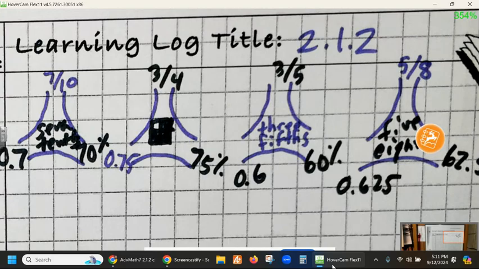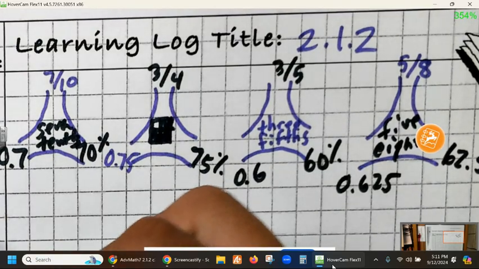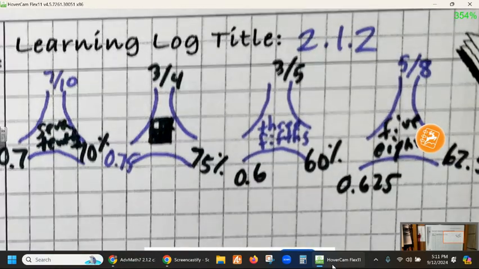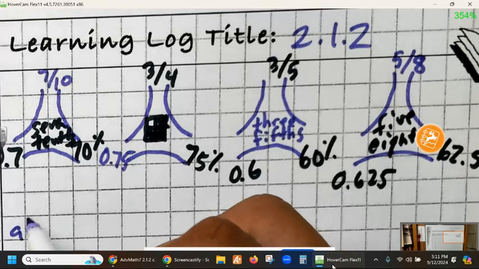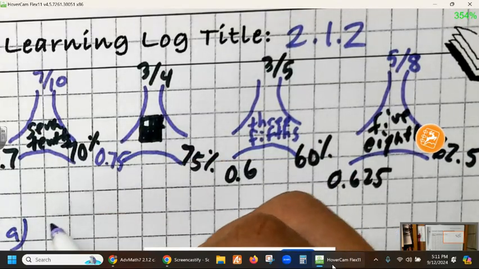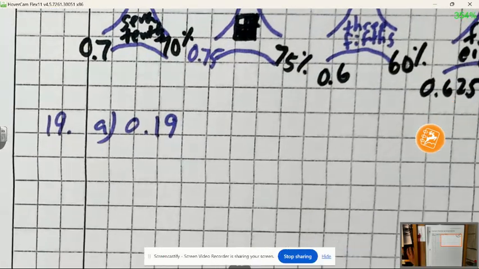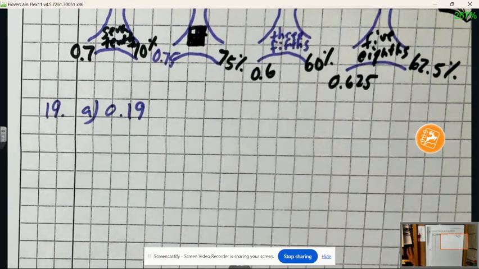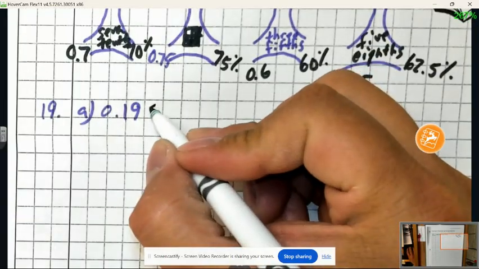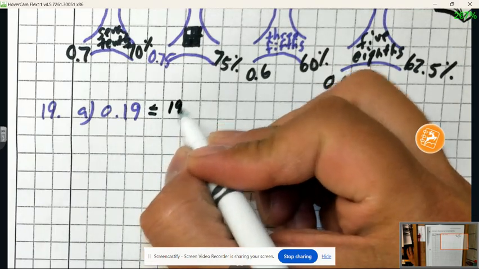So we'll start with the first one. This is number 19 in our book. The first one we'll call A is 0.19. So what would that be as a fraction? Okay, if you know place values, you know that this is equal to 19/100ths.